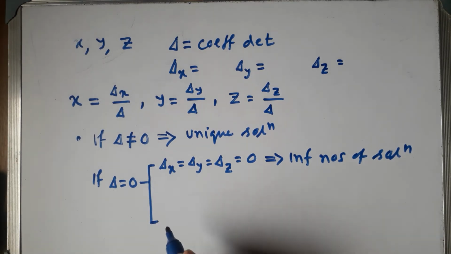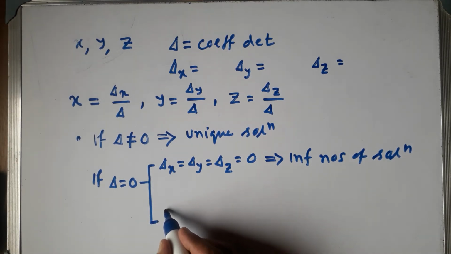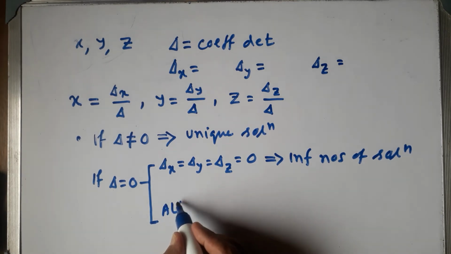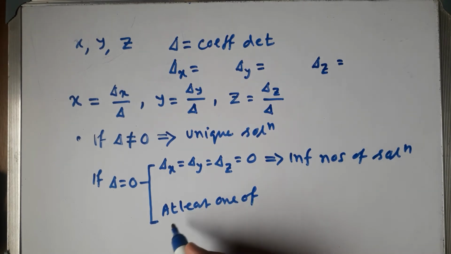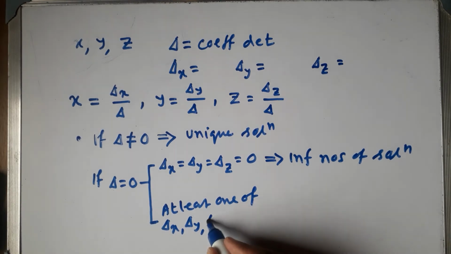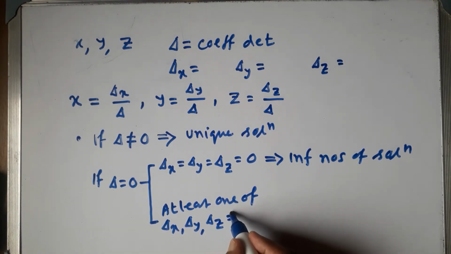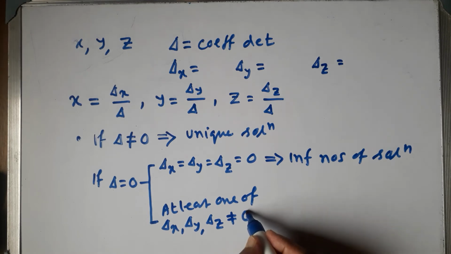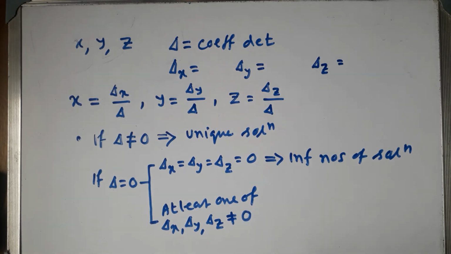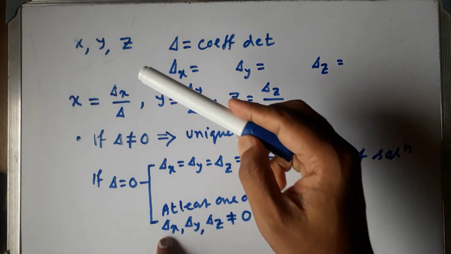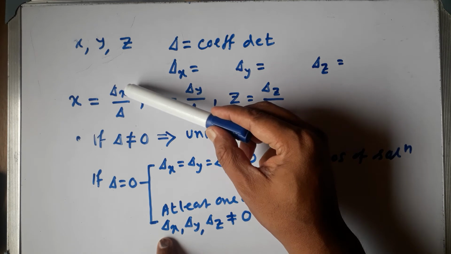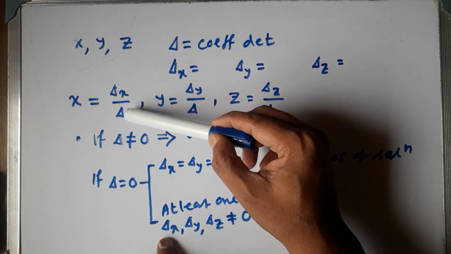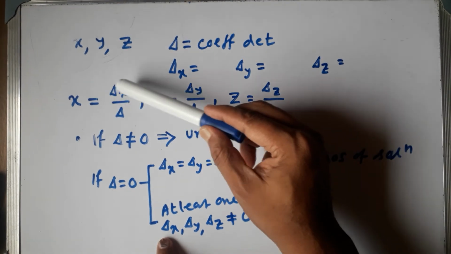And if at least one of delta x, delta y, delta z is not equal to 0, suppose delta x is not equal to 0, then a non-zero quantity divided by 0 becomes undefined.